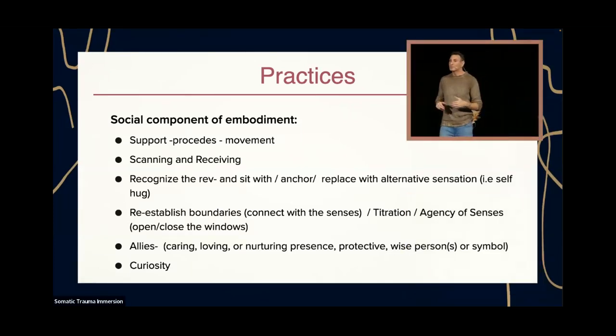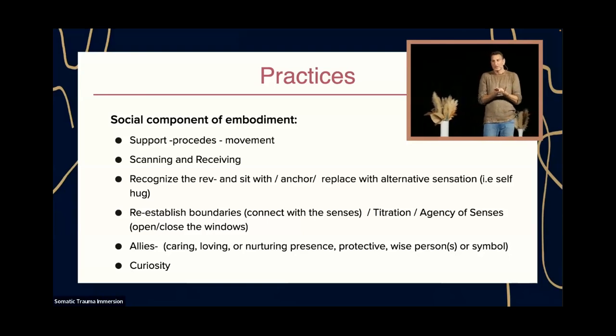So it's the same practice we did in the beginning, but now with that much more sense of support and safety. So we're starting to couple safety and exploration of our senses.